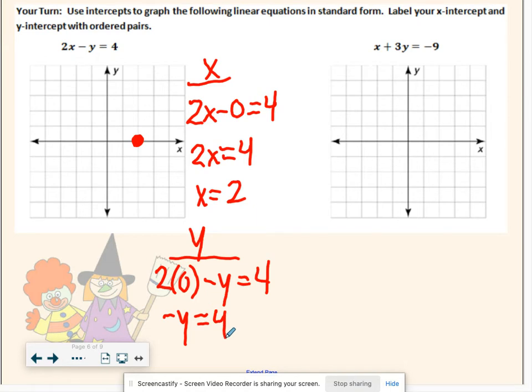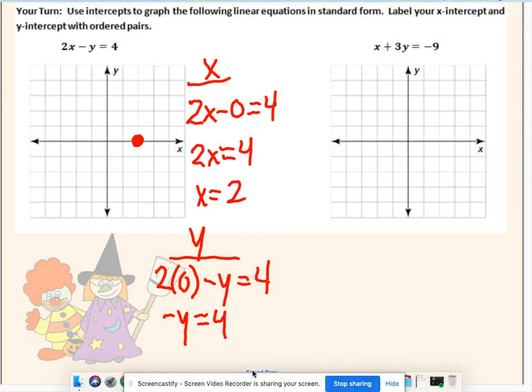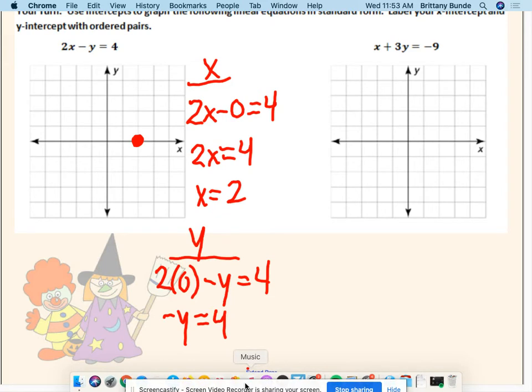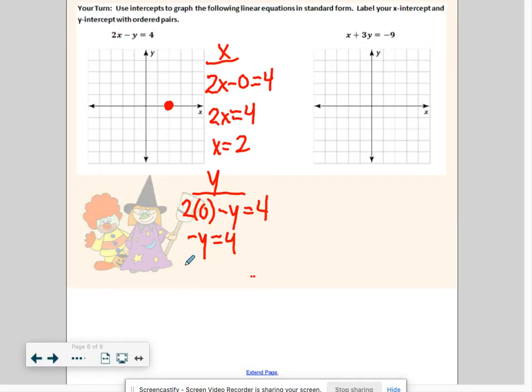Can we have this negative out here? Do we want a negative variable? How do you get rid of that variable? Multiply by negative 1, yep. We divide by negative 1 to both sides, so really, it just changes our symbol.